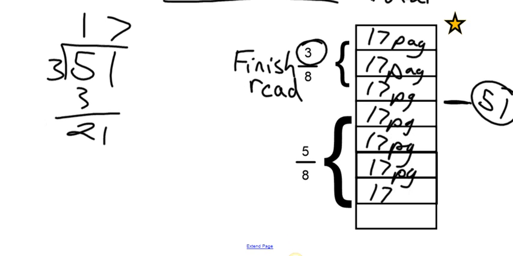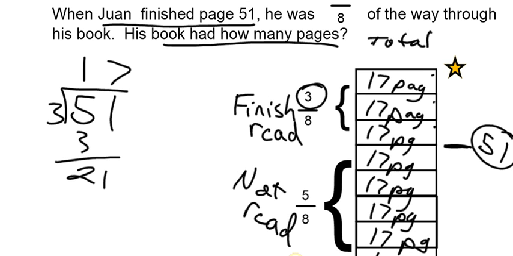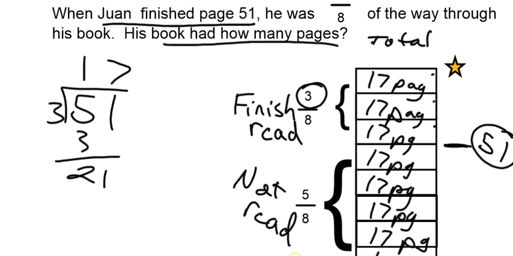Now we're starting to understand the complete picture: we started with a fraction, and had to divide that fraction into separate little pieces to be able to see the whole. We could put this label here, not read. But the question asks us how many pages does this book have altogether?